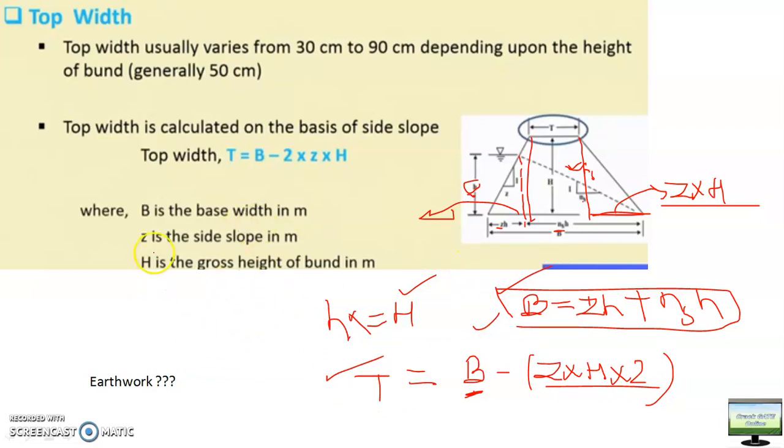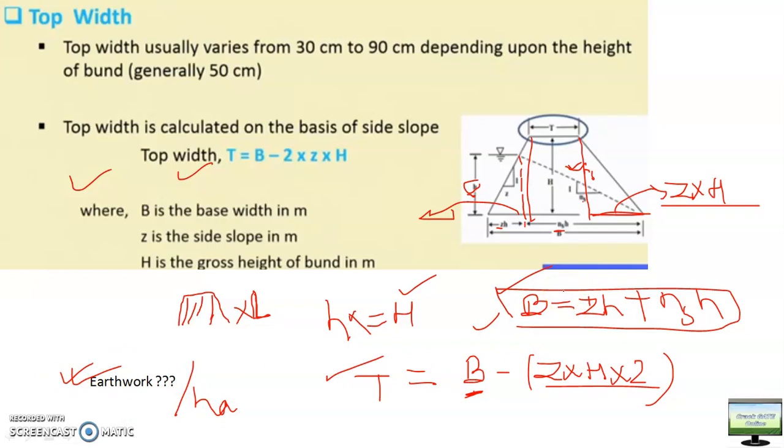From the bund cross section, I have given the same thing here also, you can calculate the cross section area, and once you multiply the cross section area by the length of bund per hectare, then you will know the earthwork per hectare. So this is how you have to calculate earthwork.